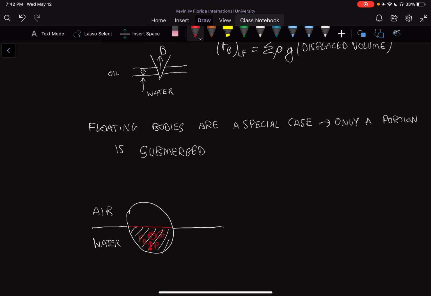So we'd have a point B inside of that half that is underwater.